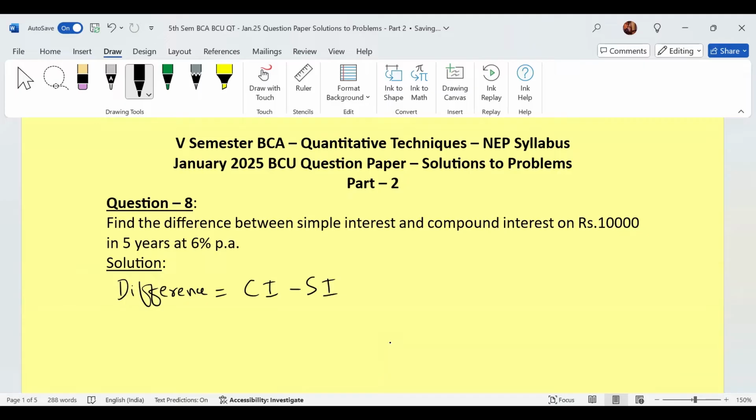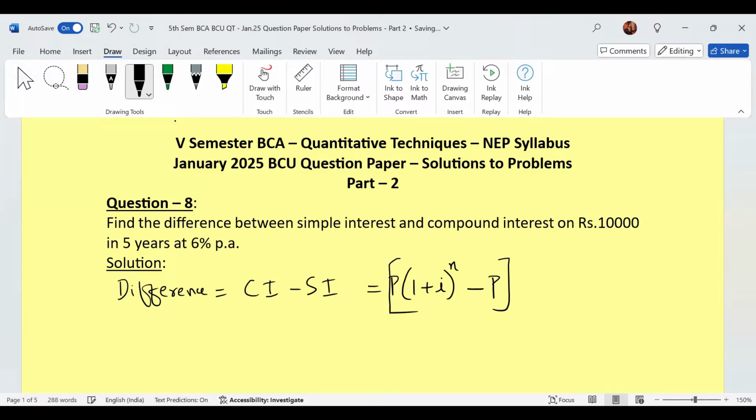And now compound interest can be defined as P times (1 plus I) to the power of n. This is the final amount minus principal will give you the compound interest.